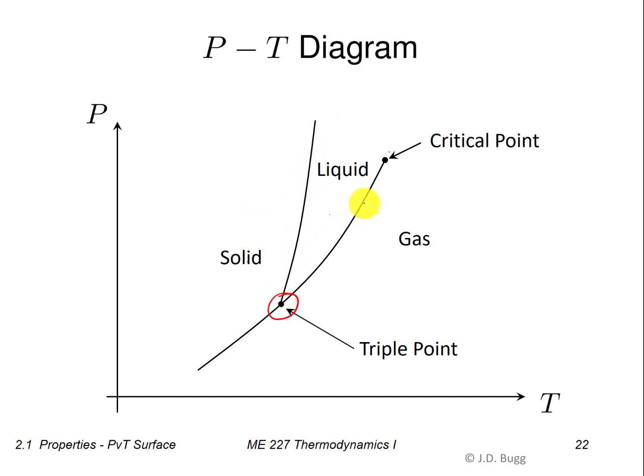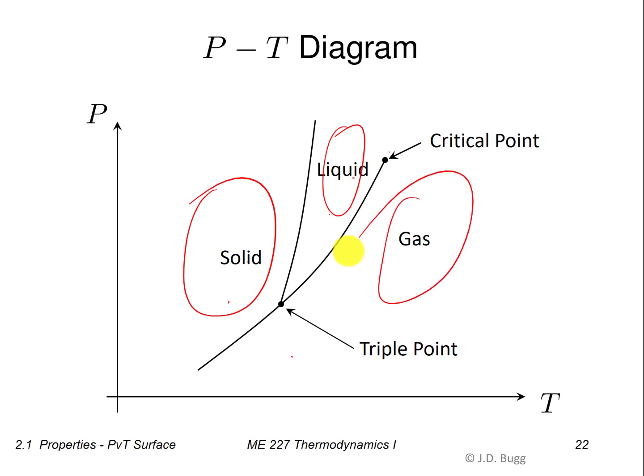If we're on this line, we have a mixture of liquid and vapor or gas. And likewise, if we're on this portion, we have a mixture of solid and gas or vapor. So the lines are the mixture regions, and the zones that they separate this whole PT area into are the three phases: solid there, liquid there, and gas or vapor here.